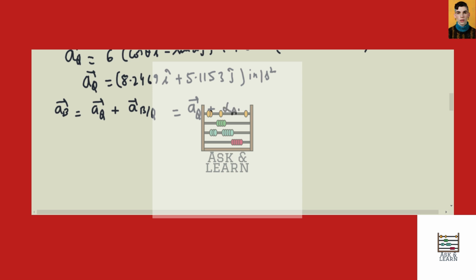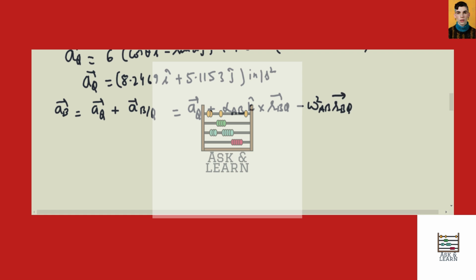So alpha AB k cap cross r_BQ minus omega square AB r_BQ vector.